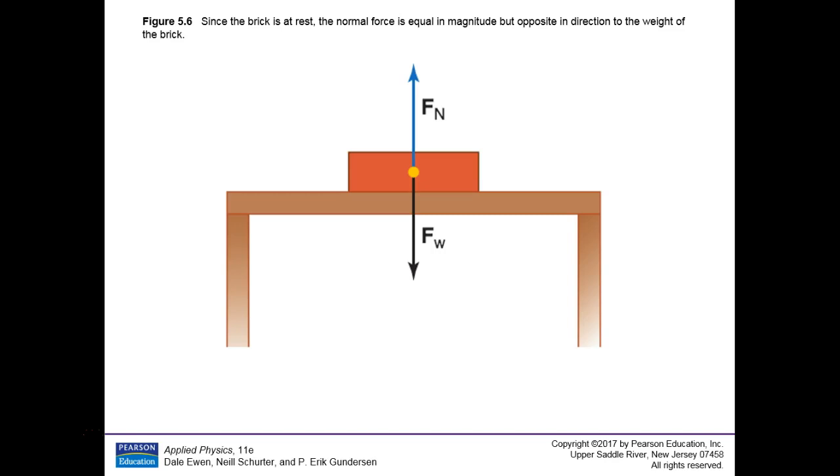Net force is zero because it's sitting there, okay? But we know that the weight of the brick is significant, F sub W, and that's equal to mg, right? What's keeping that brick from moving if it has that much weight?